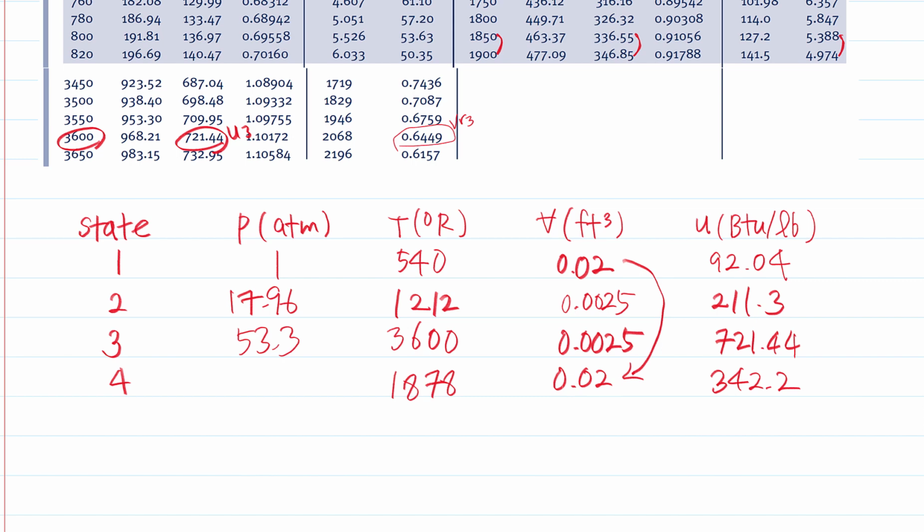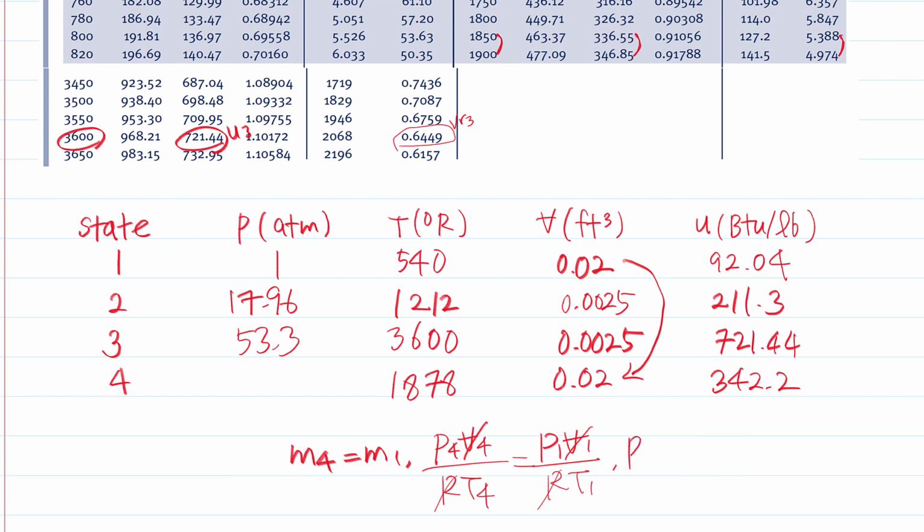Again, we are going to use the ideal gas law. So m4 equals m1. Using the ideal gas law, we can write P4 V4 over RT4 equals P1 V1 over RT1. R cancels out. Process 4-1 is a constant volume process, V4 equals V1.